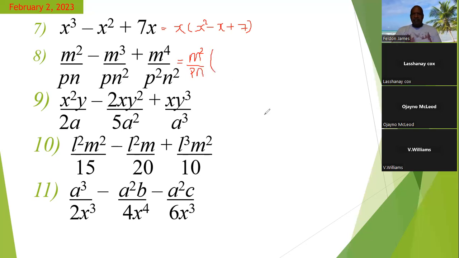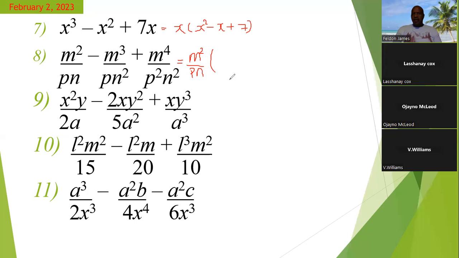Okay, so the answer would be m squared. So, sir, m squared would cancel out m squared. All right, and what else? And then m squared cancel m cubed, so we just have m.